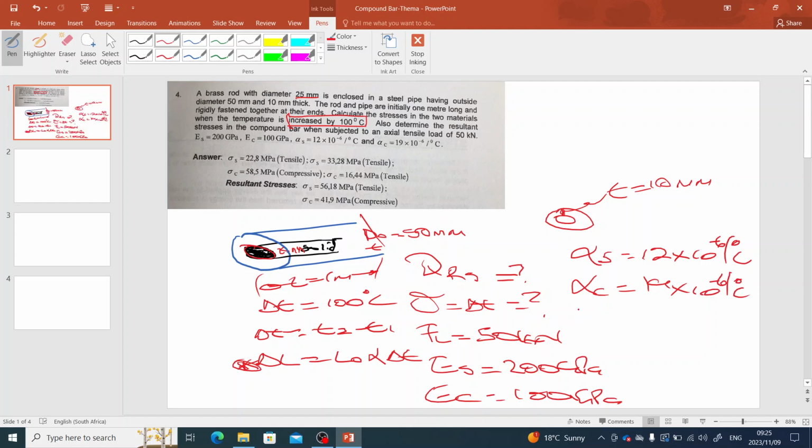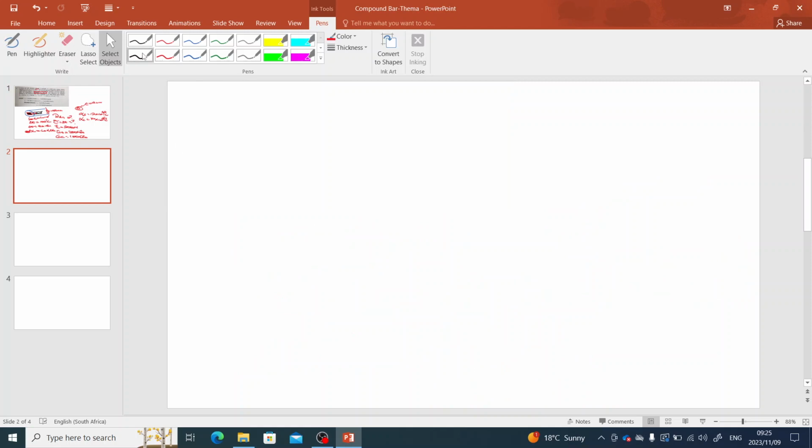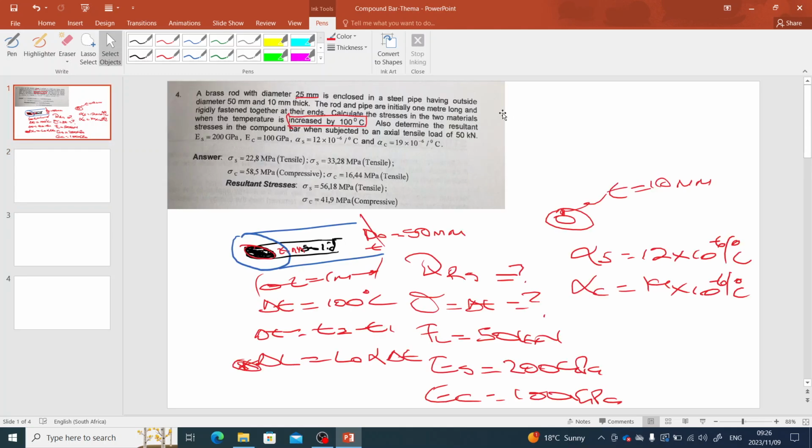Now, the first question: they want us to calculate the stresses in the two materials as a result of heat when the temperature is increased. Now, the fact that this is a parallel connection, let's write the principles that we know for a parallel connection.